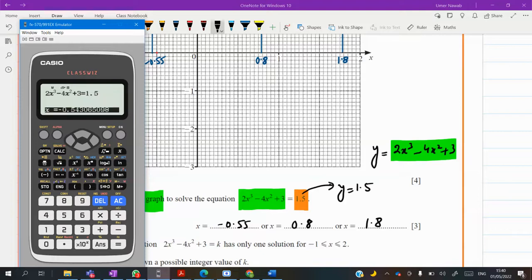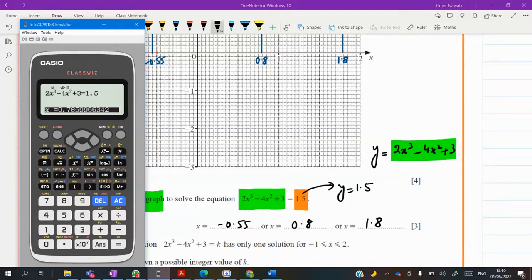Now change your guess closer to 0.8. So I'm going to write 0.9. Automatically my answer will be refined, and I got 0.78, which is also accepted by the examiner. The error is not too much. Now change your guess to closer to 1.8, my real answer.